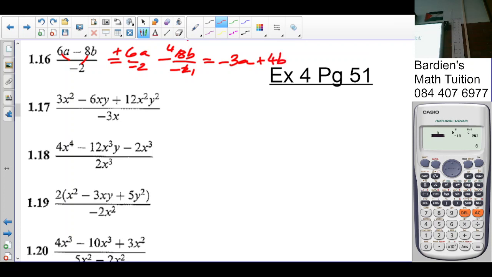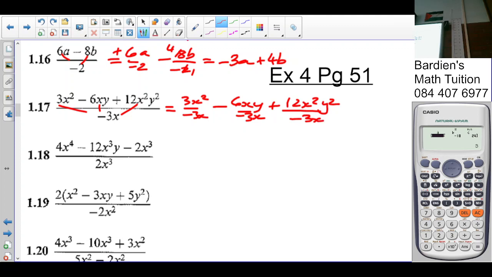So answer the next one. Negative x, yes, plus 2y minus 4xy squared. Absolutely. Each one gets its own denominator. So it's 3x squared over negative 3x minus 6xy over negative 3x plus 12x squared y over negative 3x.